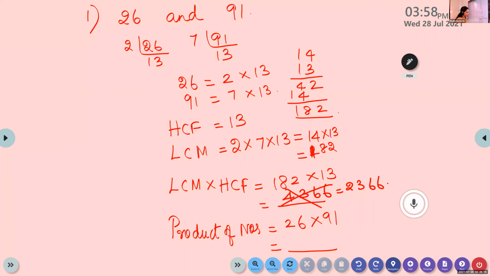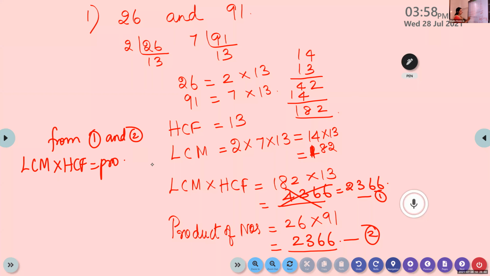So are you getting 2366, for both the cases? Yes, ma'am. So you can name this as equation 1, the second one as equation 2. So from 1 and 2, LCM into HCF is equal to the product of the numbers.